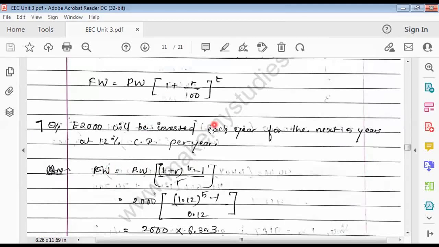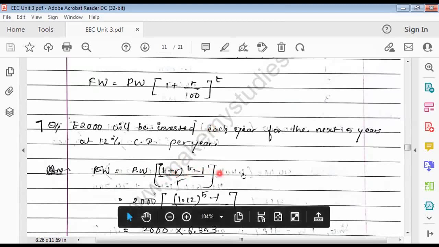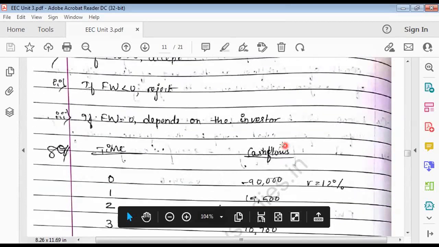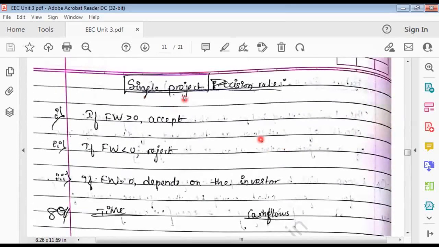Just the way this question is written, the same value gets repeated over a number of years. Value means be it expenditure, be it revenue. You are receiving 5,000 rupees every year for the next 10 years. What will be the future growth? This formula should be used. Correct. So that way.